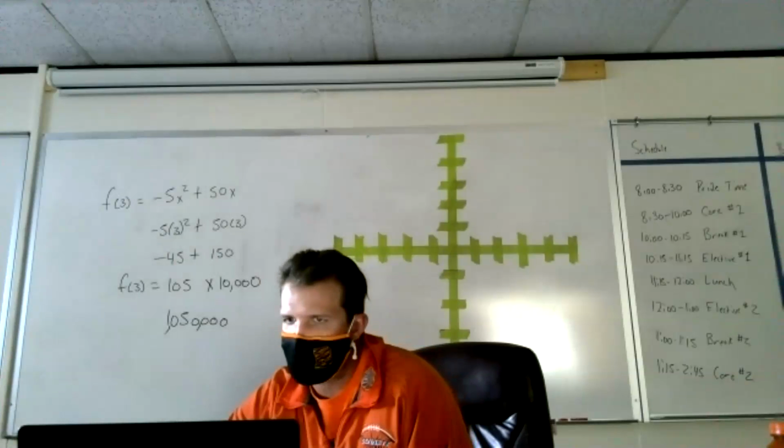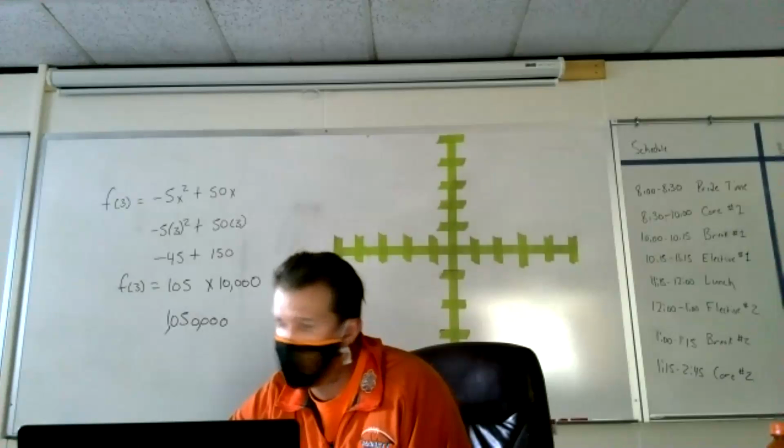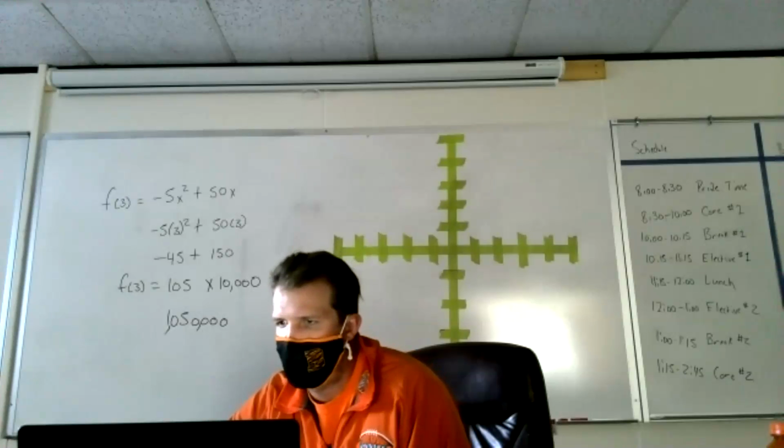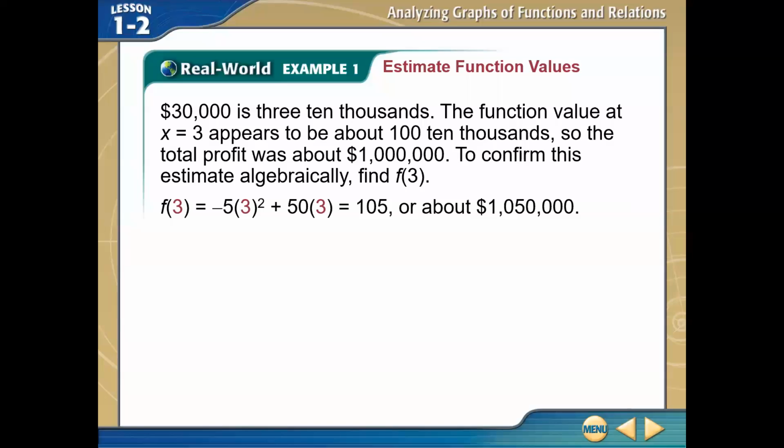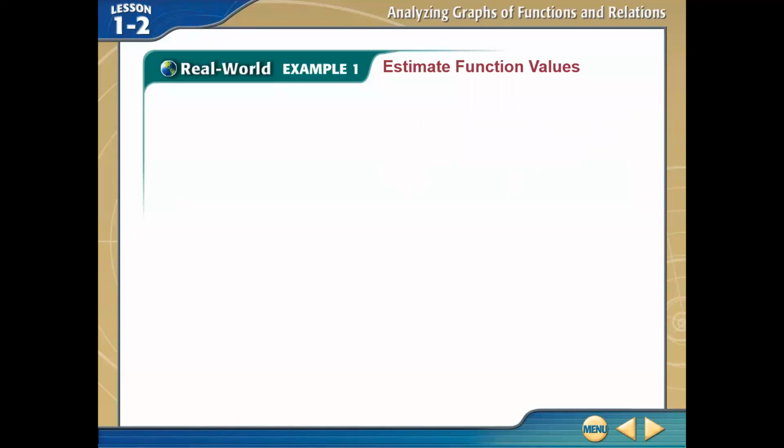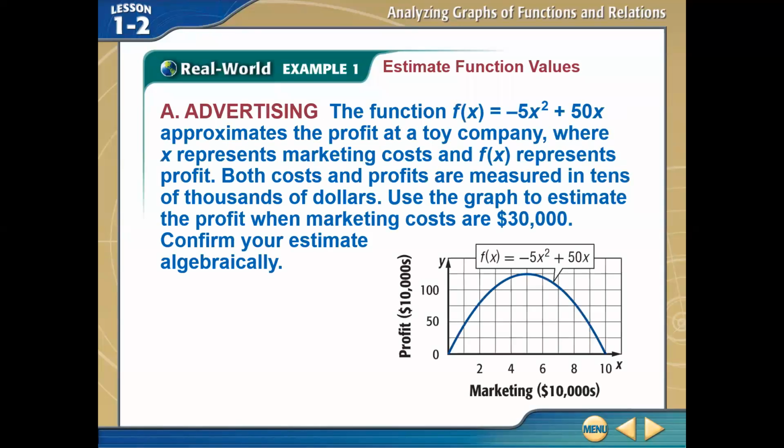And the way that we verify that is it always helps to use the units. So to estimate if this is a good one, you can see on the y side, they're counting by 25s.